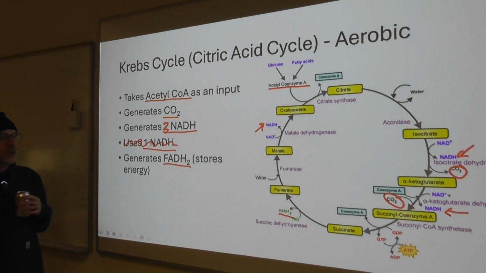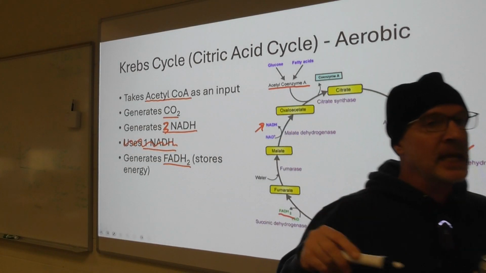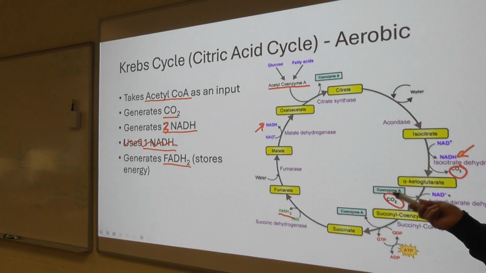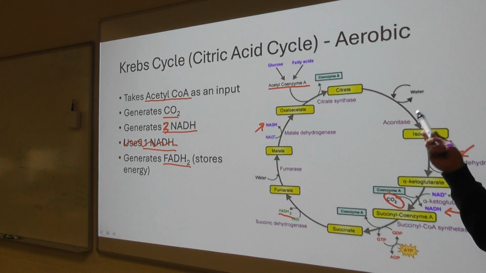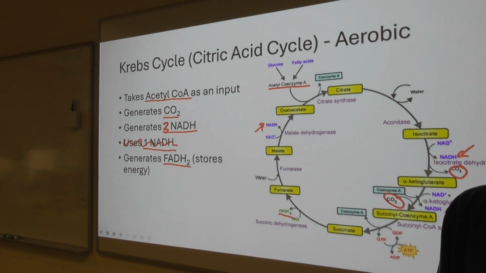Let me go back here real quick. So the Krebs cycle doesn't produce any usable carbon. There's no output of the Krebs cycle in terms of carbon compounds. So it makes 3 but doesn't use any. Yeah, and I'll verify that, because I thought it had a net production of 1, but I could easily be wrong on that.